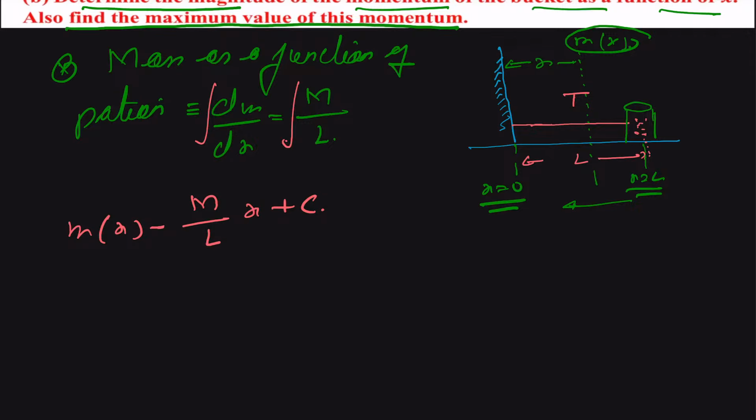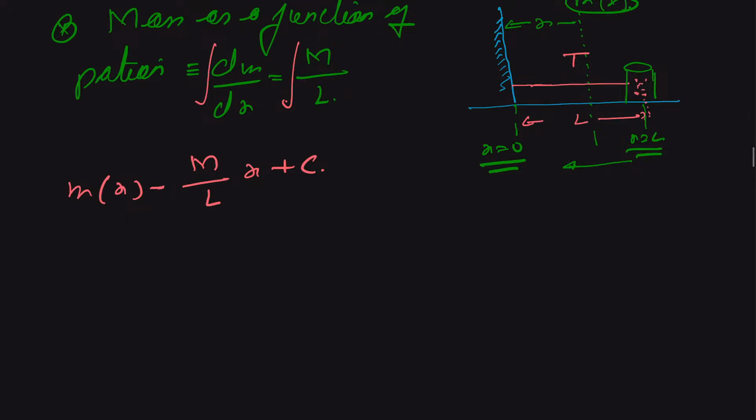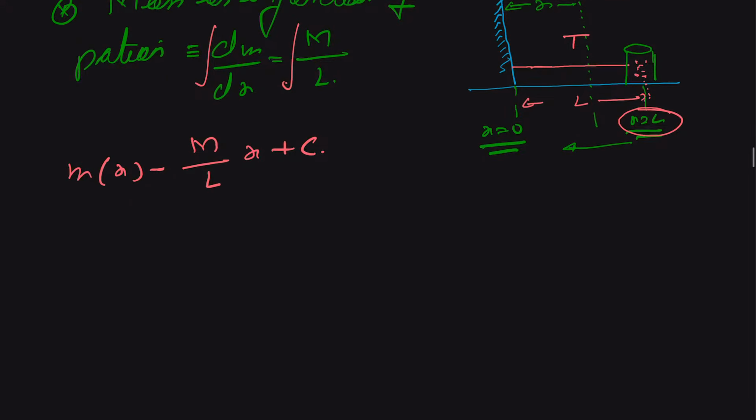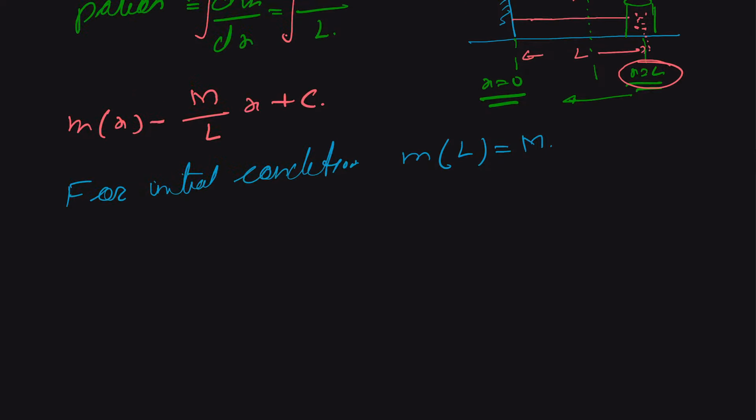Now we can use the initial condition. Initially the bucket was at a distance x equal to L. So for the initial condition, the mass at length L is the total mass m, and therefore we substitute it.